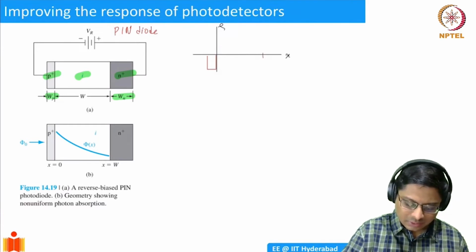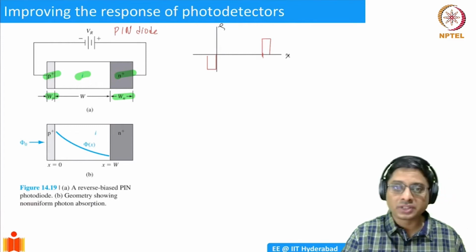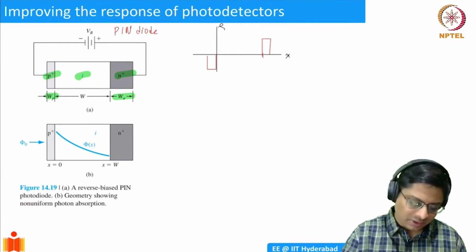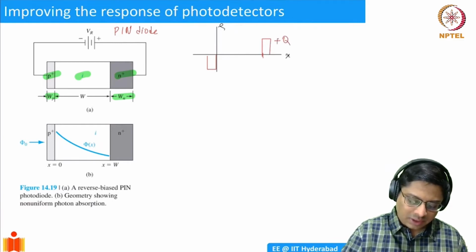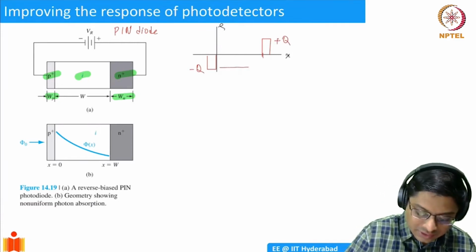And then after that, you have a balancing positive charge, which comes because the N-type semiconductor is being depleted. So what you have is plus Q here and a minus Q here, and the separation between them is now the width of the intrinsic region.